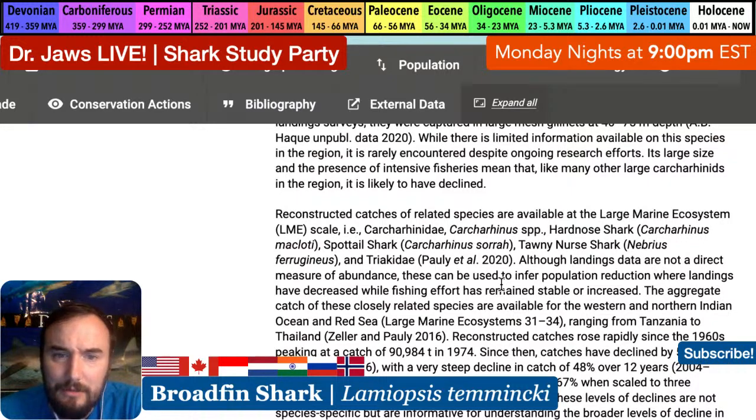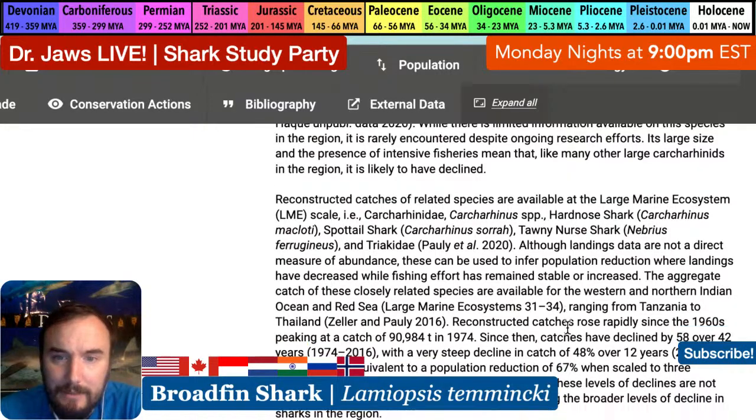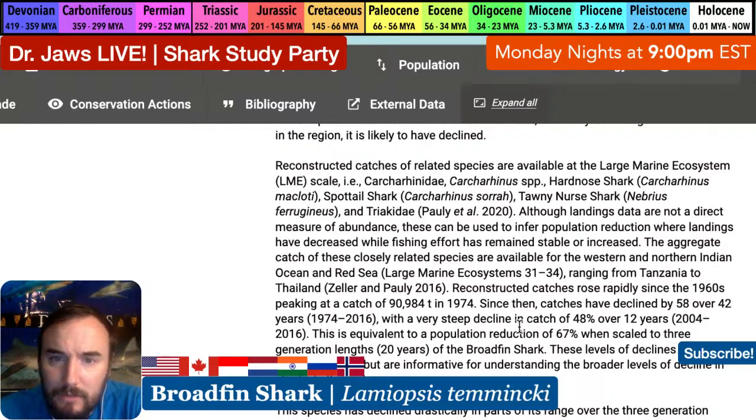The aggregate catch of those closely related species are available from the western and northern Indian Ocean and Red Sea, ranging from Tanzania to Thailand. Reconstructed catches rose rapidly since the 1960s, peaking at a catch of 90,984 tons in 1974. It's really sad.